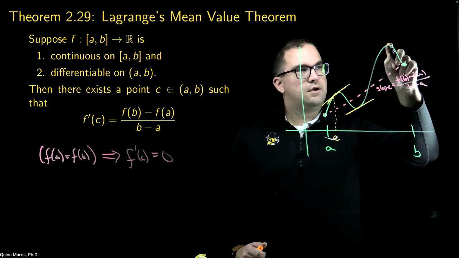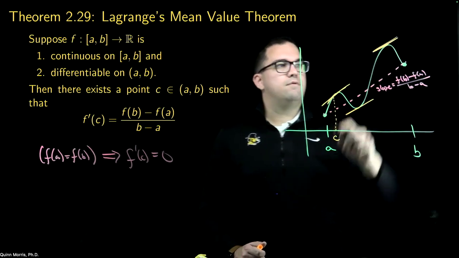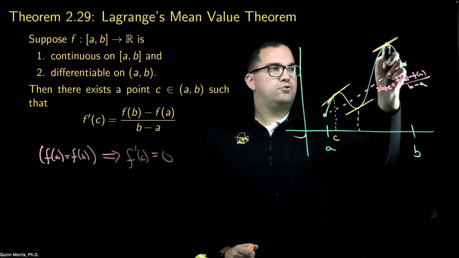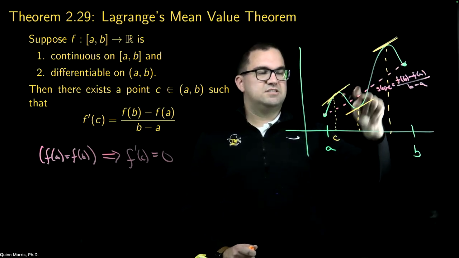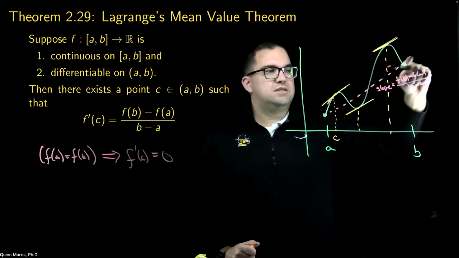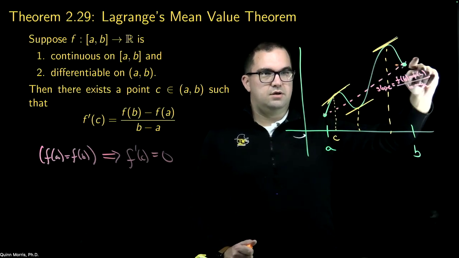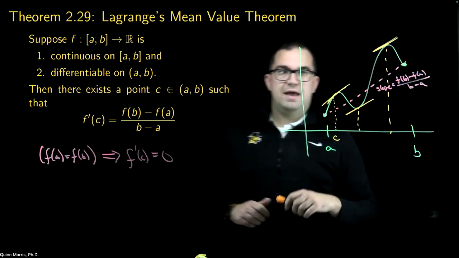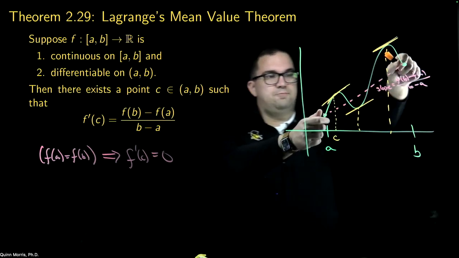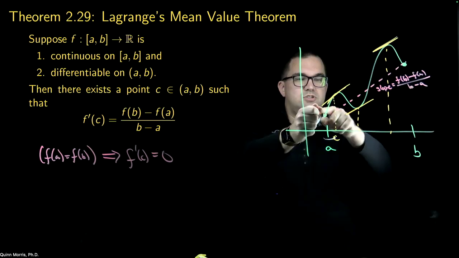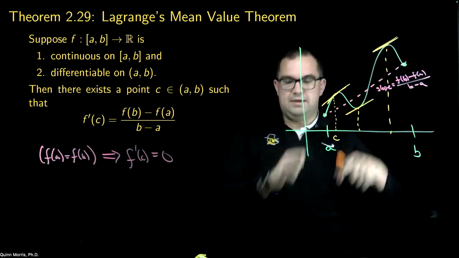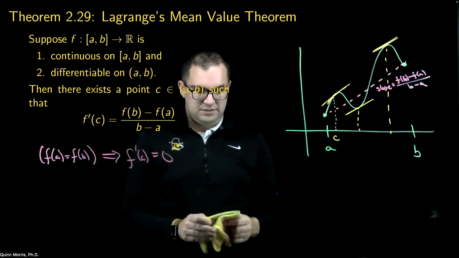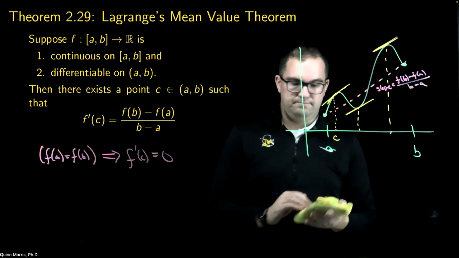So if I took one here or somewhere around here, I would also find values where the derivative at this point, which I can think of as the slope of the tangent line, is the same as this pink slope, or the slope of this pink line here. Now, again, in the case of Rolle's theorem, these points are at the same height, so the slope of that line is 0. Okay, so you hopefully see, again, this includes, as a special case, Rolle's theorem.